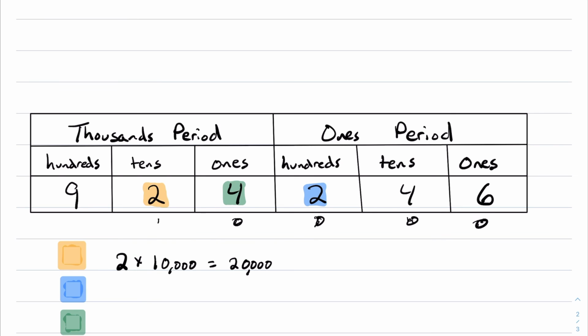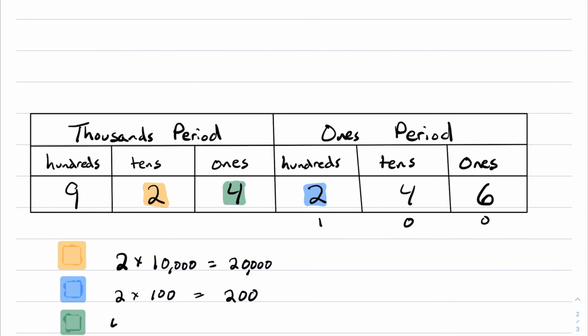If we look at the blue one, we have another 2. It is going to be in the hundreds place in the ones period. So we get our 1 followed by 2 zeros. So we're going to do 2 times 100, which equals 2 times 1 is 2. Add our 2 zeros. We get 200. And last, we'll find the 4, which is in the green.